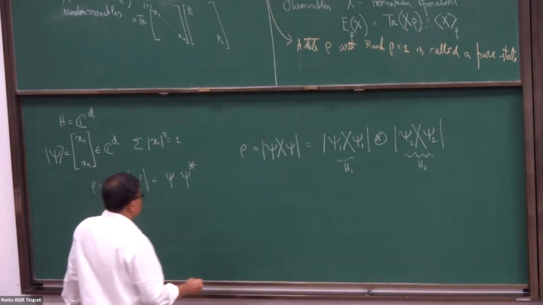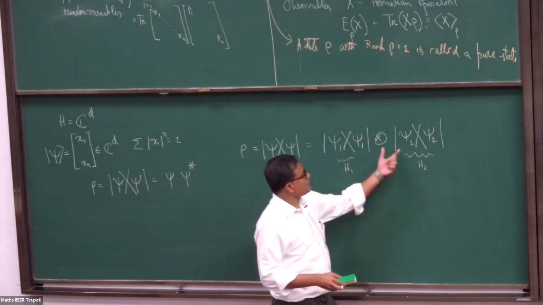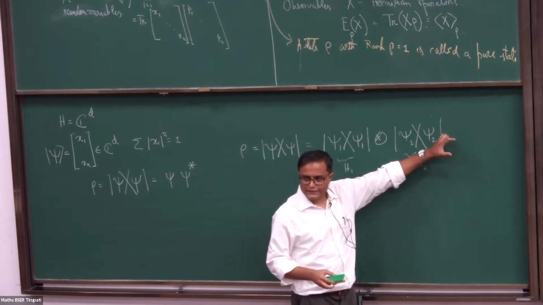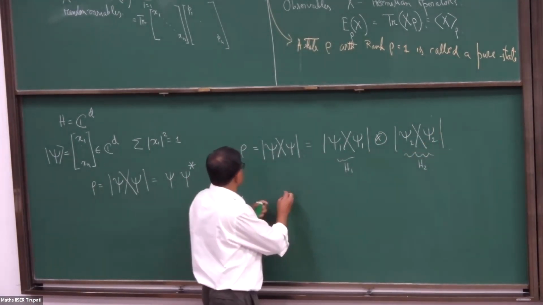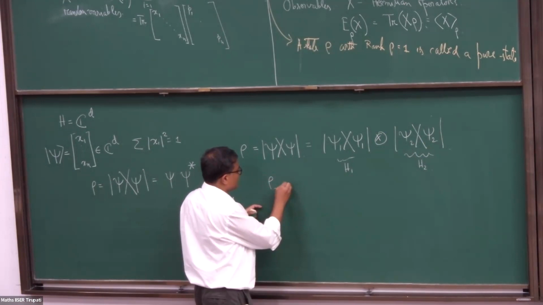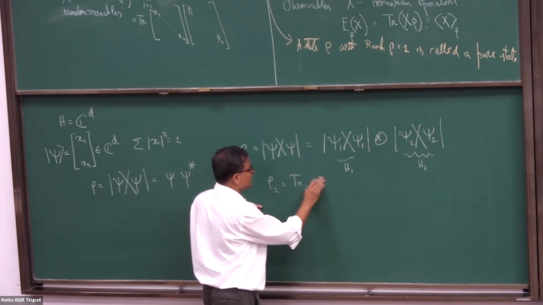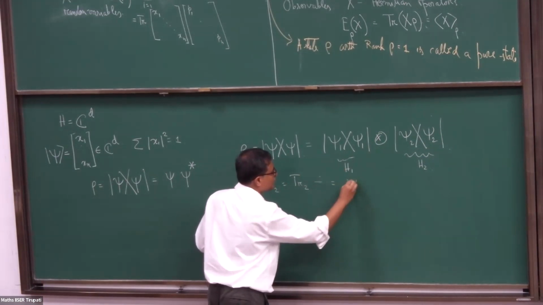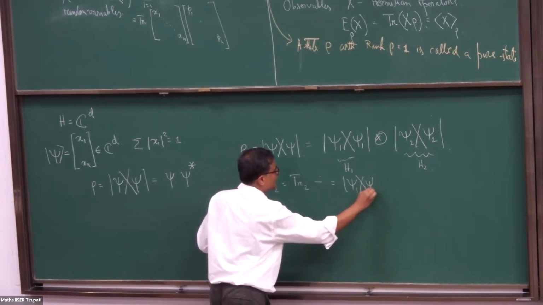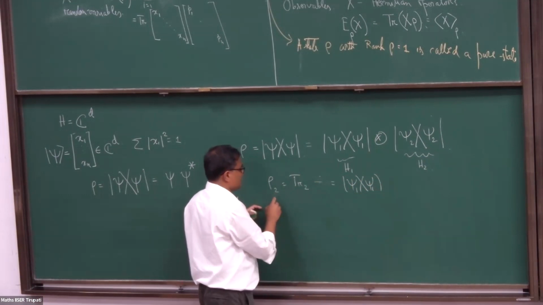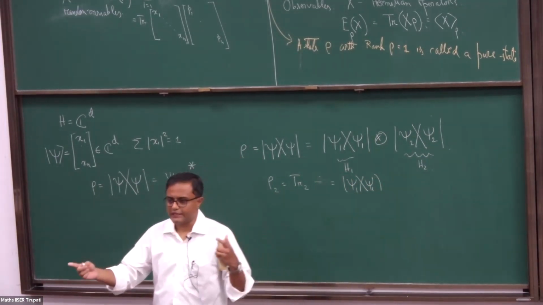So, if you trace out one of the Hilbert space components, say you trace out the second part, then you actually get the first part, which is psi 1, or if you take the second one, then you get the second.